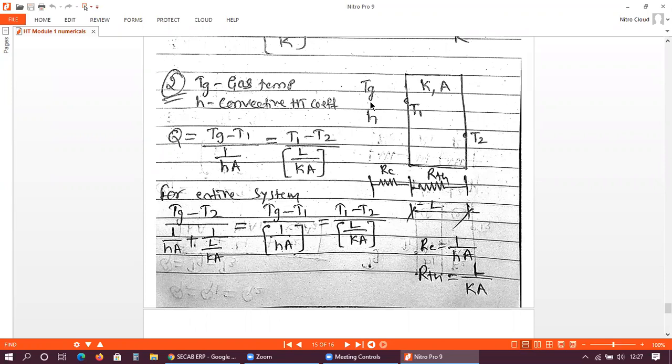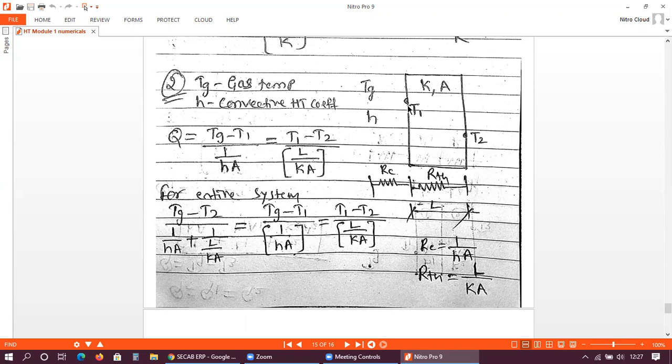As in conduction, thermal conductivity K will be there, similarly when there is convection, H will be there. We call it the convective heat transfer coefficient H. So this is the gas and this is the surface.